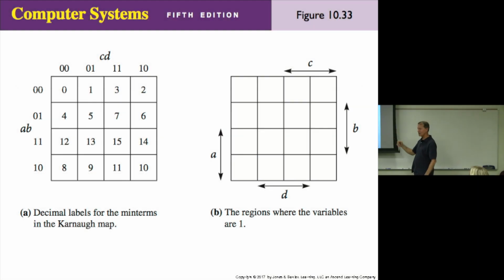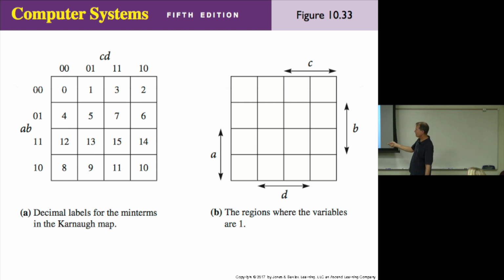This is like doing your PIN on your phone. You don't even have to remember the number of your PIN, you can just know that it's up, down, left, boom, boom. That's the counting pattern for a 4-input Karnaugh map. And here we have the regions where the variables are 1.